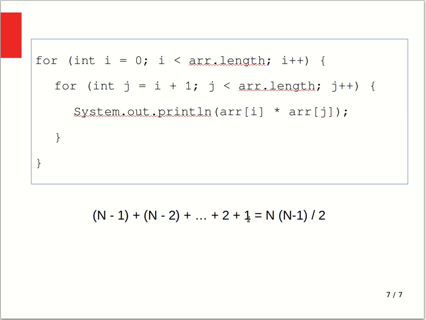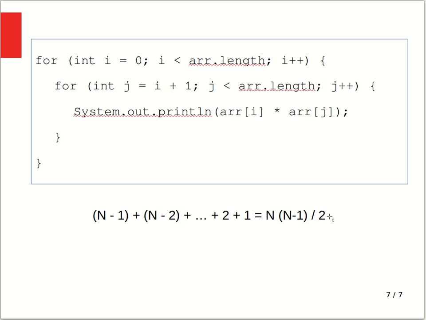So now we have to do this summation. It's not a simple multiplication, n multiply n. Now we have to do the summation here. So what's going to be the summation? It turns out that this summation actually has a fixed value. That's n multiplied by n minus 1, divided by 2. Why do we have that?